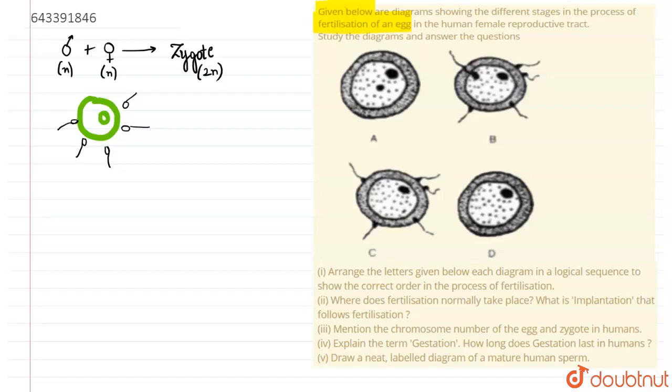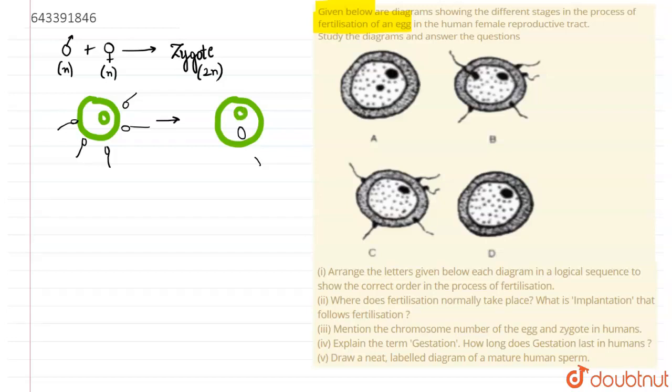Then what would happen after this? Only one of the sperms would get the entry inside and its tail would remain outside, and there would be the nucleus of this ovum, and after this the fertilization will take place.